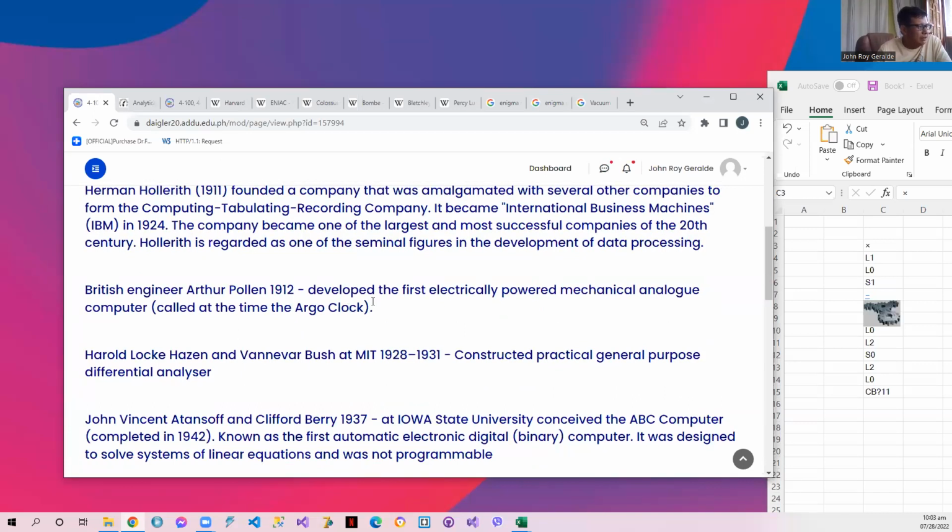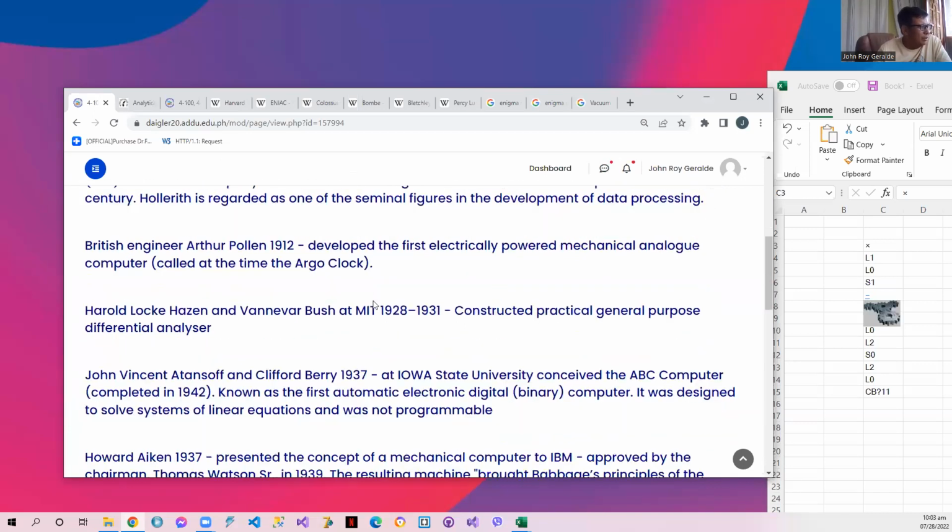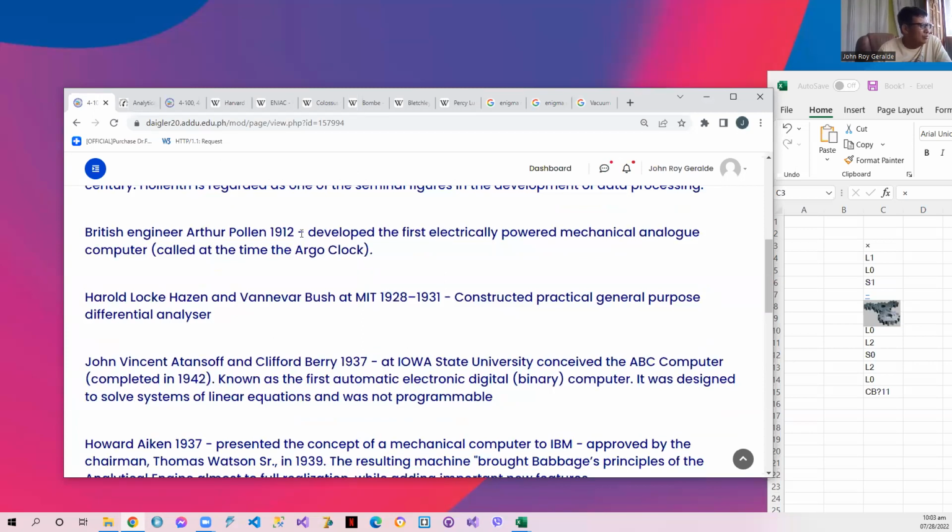An electrically powered mechanical analog computer was introduced in Great Britain in 1912. Vannevar Bush at MIT, with Harold Hazen, constructed a practical general purpose differential analyzer.